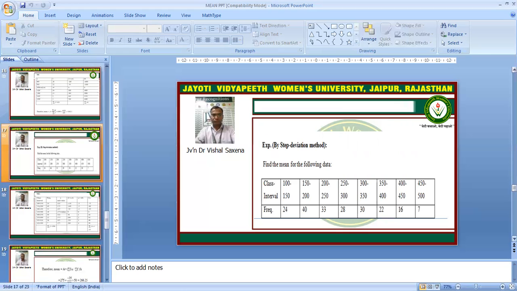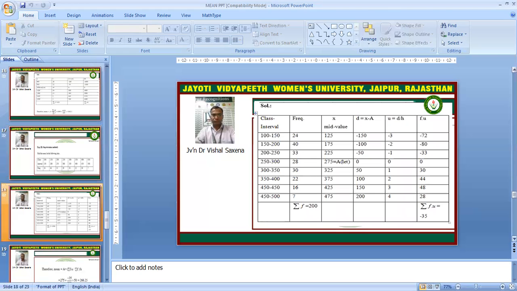Find the mean for the following data. So in this question, first we write the class interval, then we write the frequency values. Next we calculate the values of x, the mid value, as lower limit plus upper limit upon 2 from the class interval. d is equal to x minus A, and A is taken as 275, which is the assumed value.